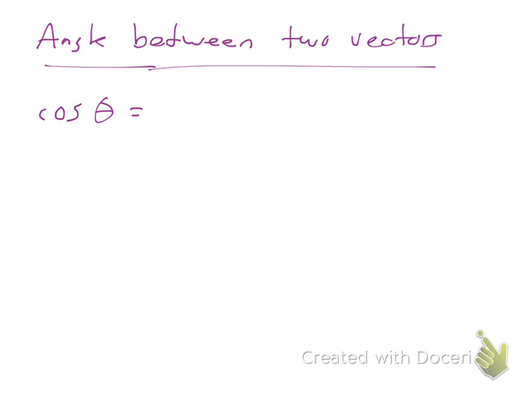Cosine theta is equal to a dot b all over the magnitude of a times the magnitude of b. Here a and b are vectors, so they could be any two vectors. This will allow us to figure out the angle between our vectors.